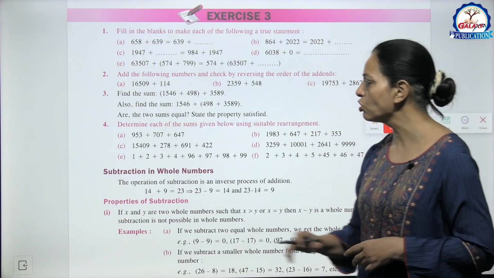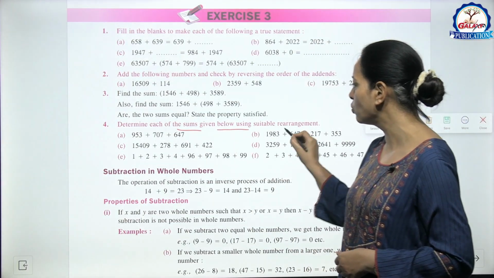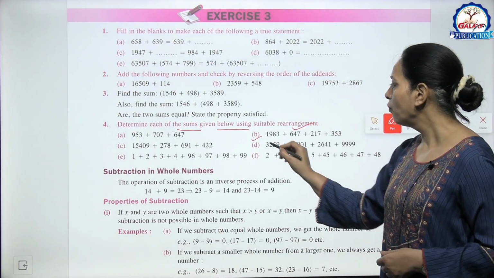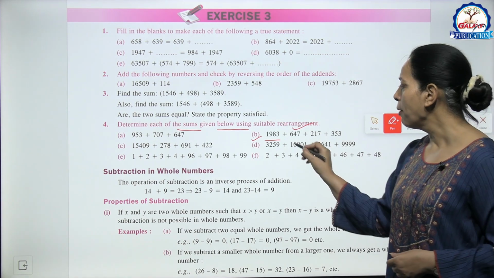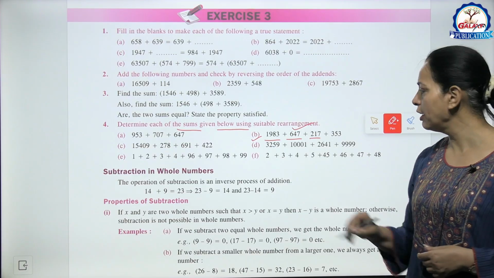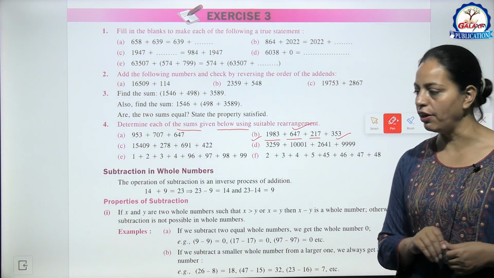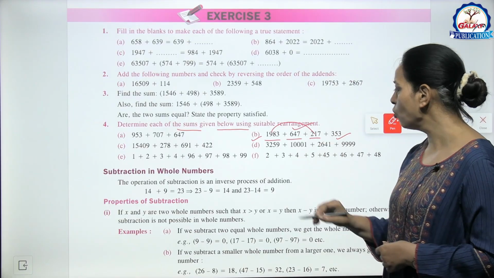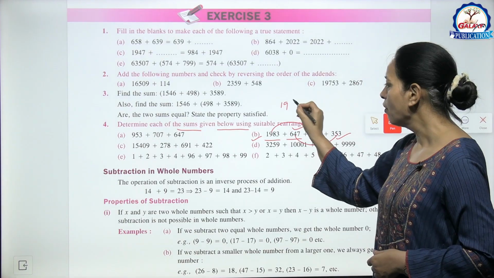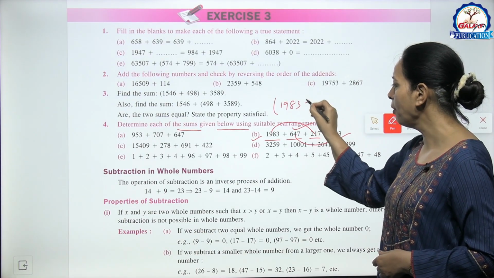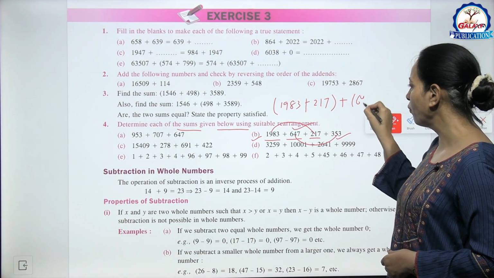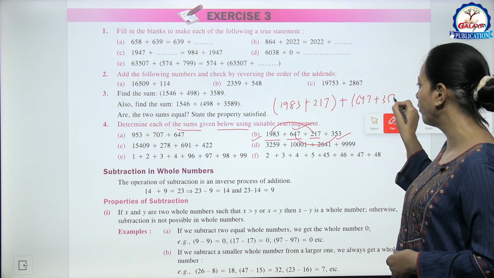Now see the fourth question. Find each of the sums given below using suitable rearrangement. See here like B part, 1983 plus 647 plus 217 plus 353. So make the group of these two and make the group of these two, right? So what we are getting, 1983 plus 217 plus 647 plus 353.